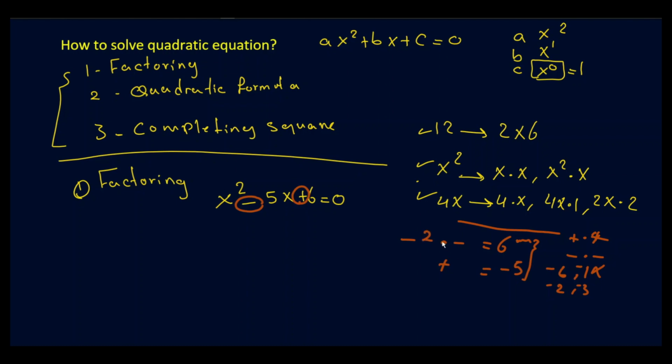So over here, we're going to have negative 2 and negative 3, which will give us our factors. So we're going to put them in two brackets equal to 0, and over here, x and x, okay, minus 2 and minus 3. And that's it.